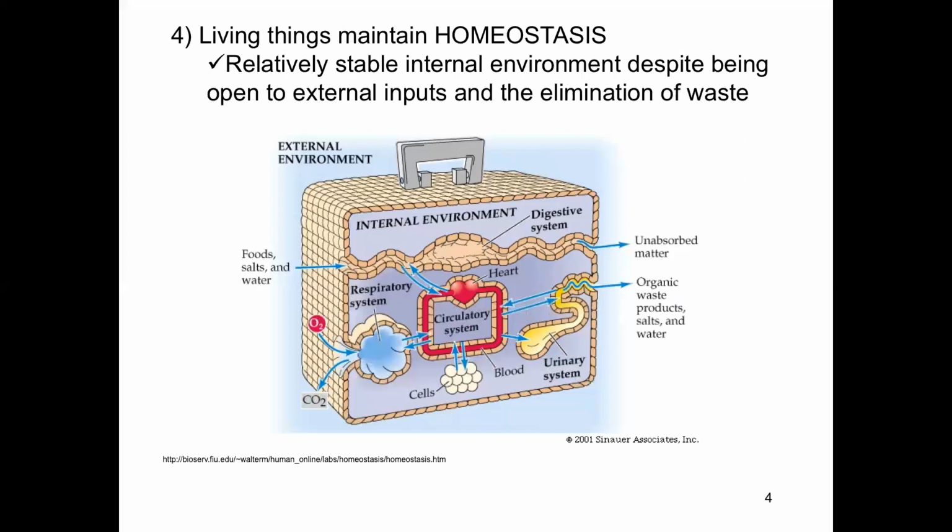So in that way, it's an open system that needs to maintain a balanced internal environment, right? So we ourselves take in food, water, and that sort of thing. We take in oxygen, and then we get rid of our waste, CO2, and we pee and we poop, right? So we're getting rid of the waste that we don't need anymore, or that we've taken in too much of and can't process, okay?